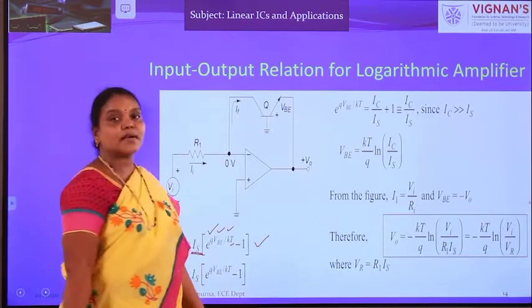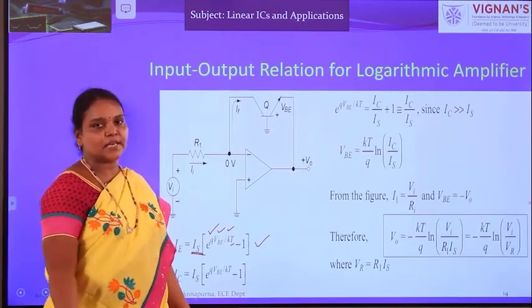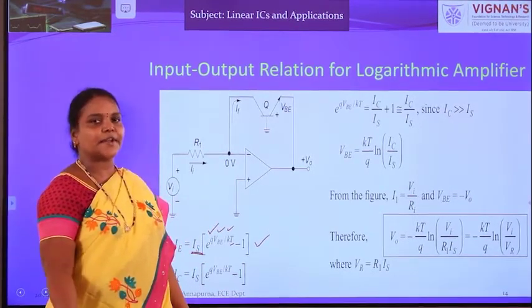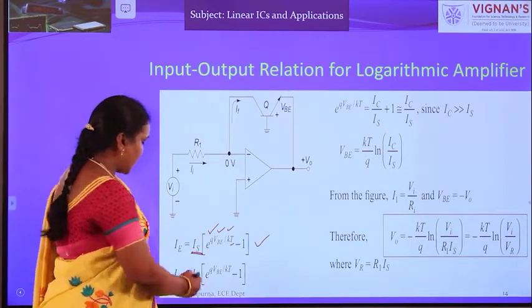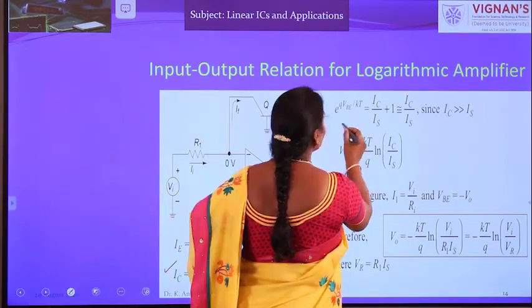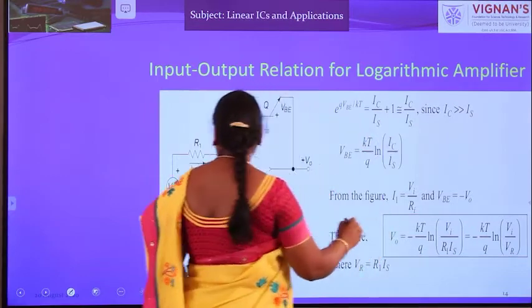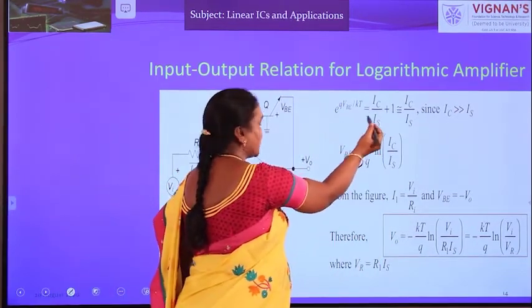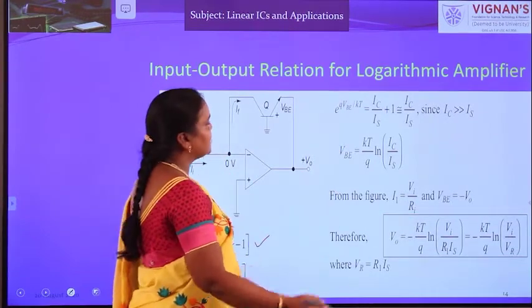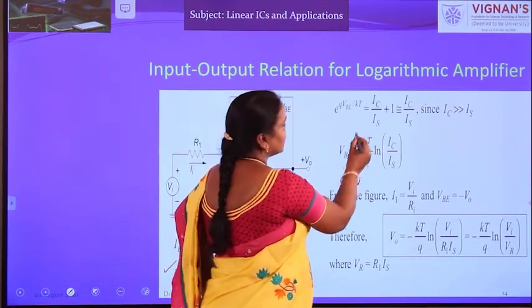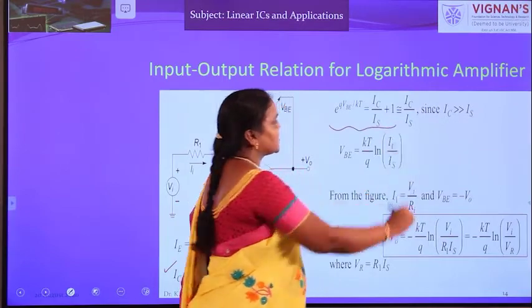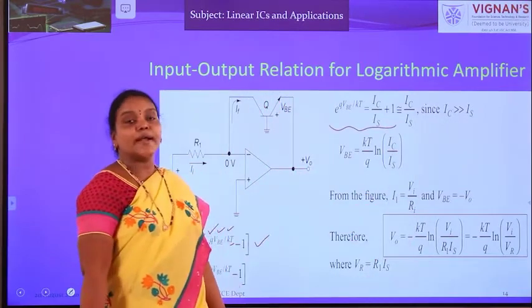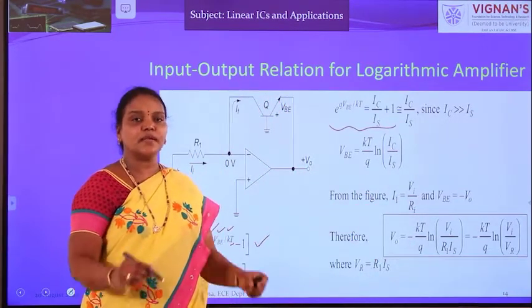Emitter current and collector current are approximately equal because base current is negligible. So IC is also the same. If you simplify this, first we are taking this IS to the left hand side, then it becomes IC by IS, and this minus 1 becomes here plus 1. Okay, so this is the resultant after the first level simplification. And IC by IS is a very large value.